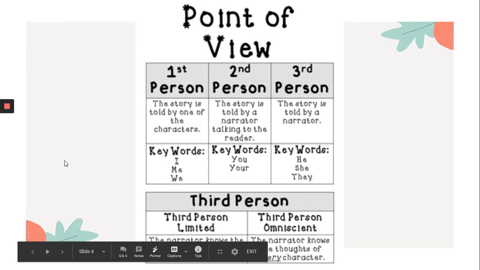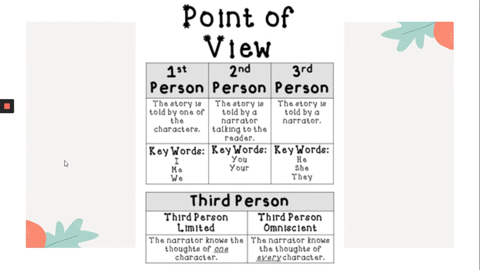All right, so when we're talking about point of view, there's actually three very common points of view when we're reading a text. Now, we're not going to go super deep into these today because really we're only focusing on the narrator's point of view, which is that third person point of view when a story is told by a narrator. And so we know a story is third person because we have words like he, she, they. This is a story that has someone who's removed from the text, and they're telling you what's going on.